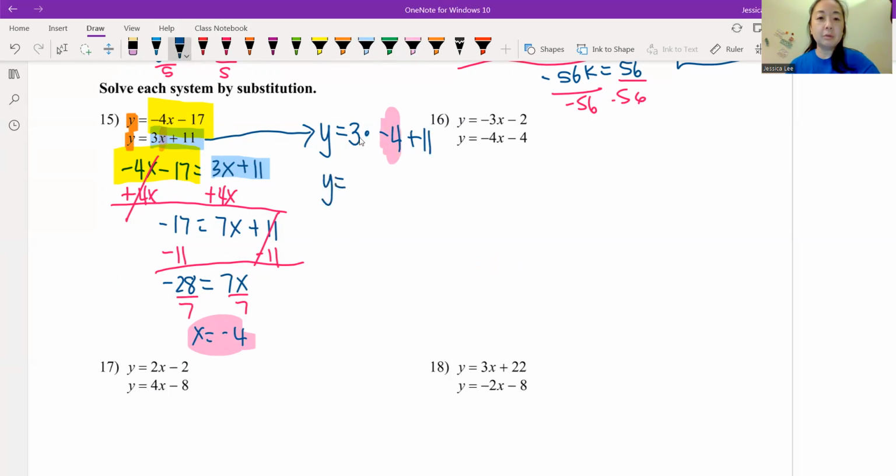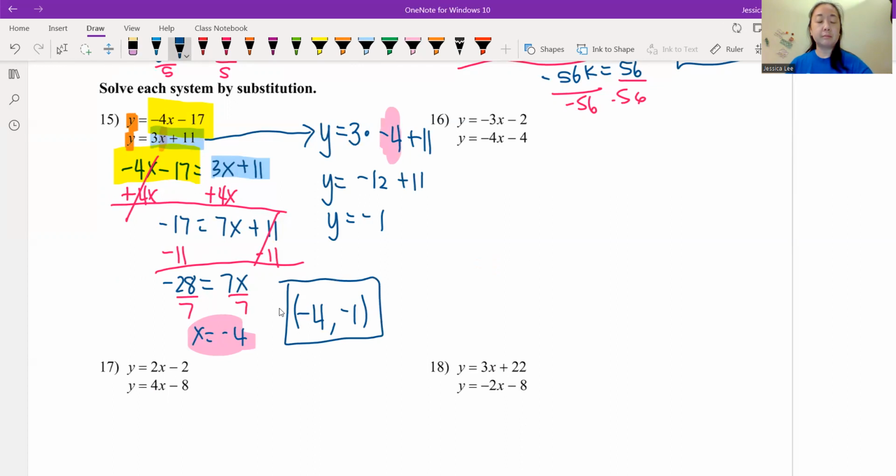So y is equal to 3 times negative 4, which is negative 12, plus 11. And then y is equal to negative 1. So if x is equal to negative 4, y is equal to negative 1. There is our ordered pair. That is the point where they're meeting. Negative 4, negative 1. So you want to get this kind of solution for your answers.